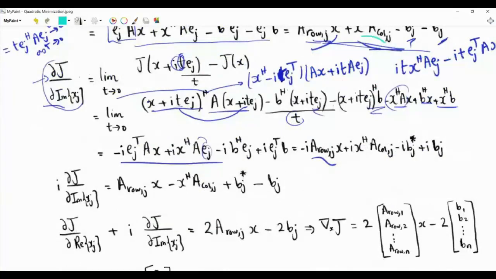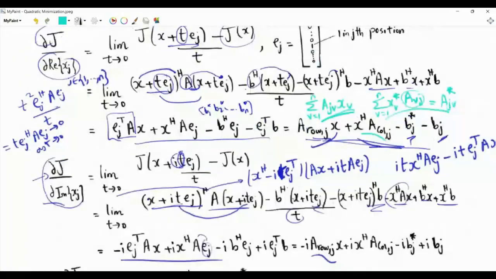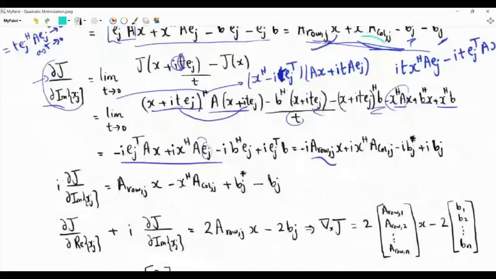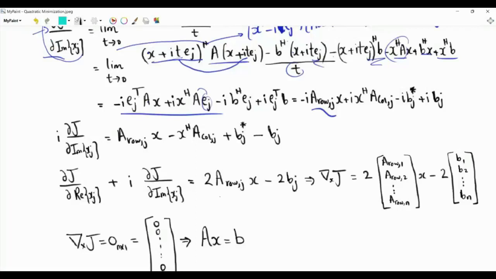So if we combine the partial derivatives with respect to the real and imaginary parts, we take the first and multiply it by i, and when we combine, we get this result here. The jth component in the gradient vector as defined above is 2 times the jth row of matrix A times the column containing the optimization variables, the x vector, minus 2 times the jth component of vector b.